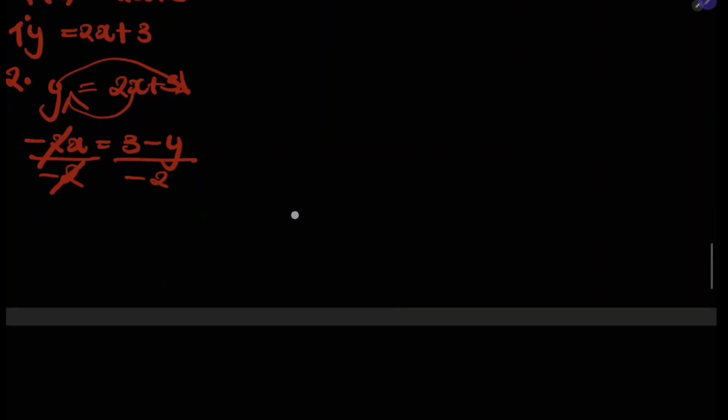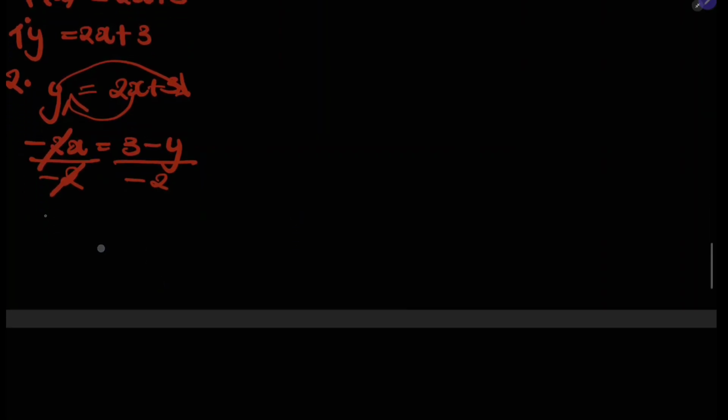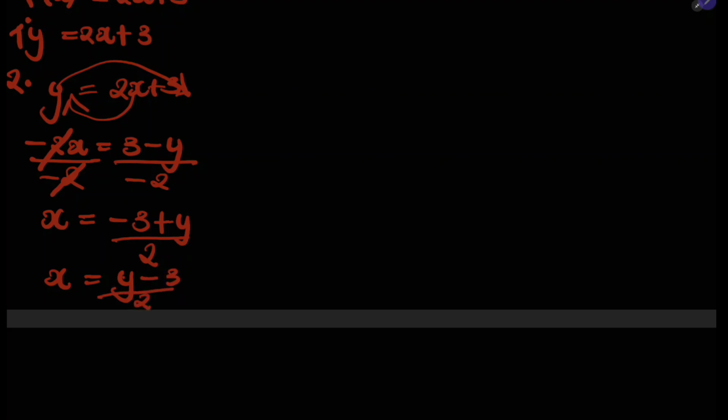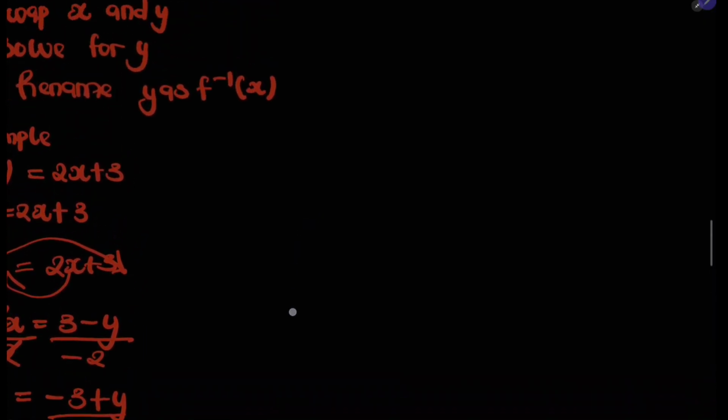Here we simply cancel, and then we are going to have x equal to minus 3 plus y on 2. So let me just simplify further, which will be y minus 3 on 2. Okay, so that is what we are going to be having.